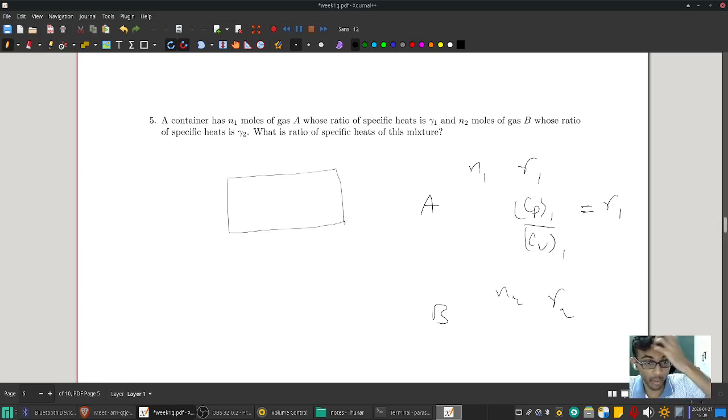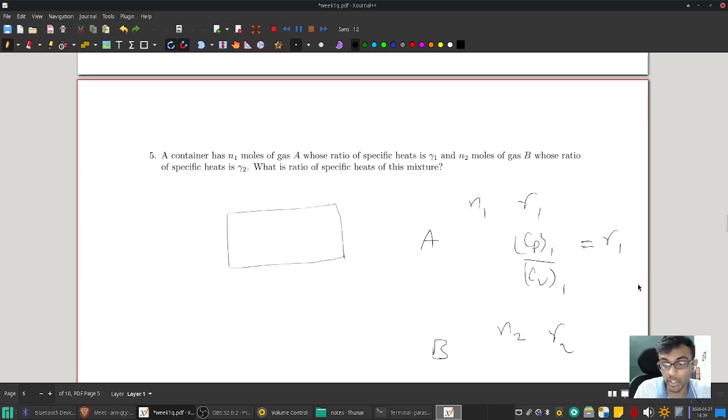We encounter this situation, for example, when we breathe the air. The air is a mixture of various gases. Although most of it is nitrogen and oxygen, both of which are diatomic and have the same gamma.